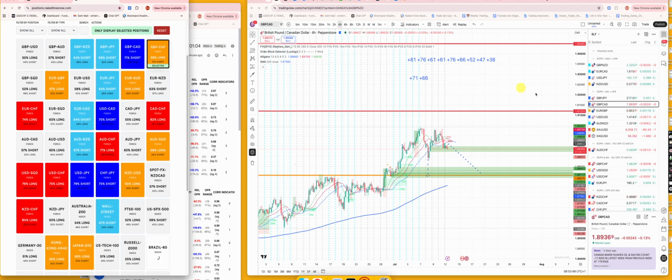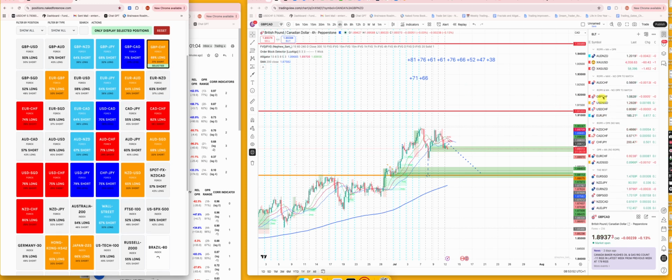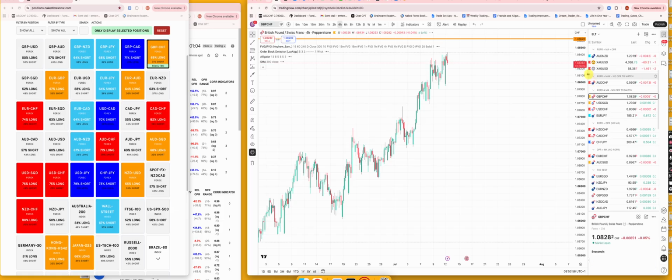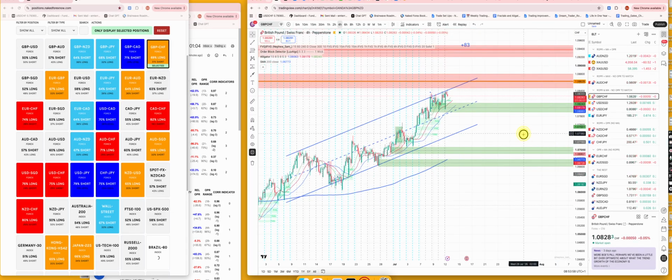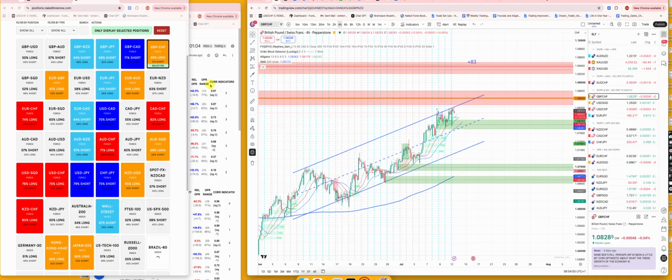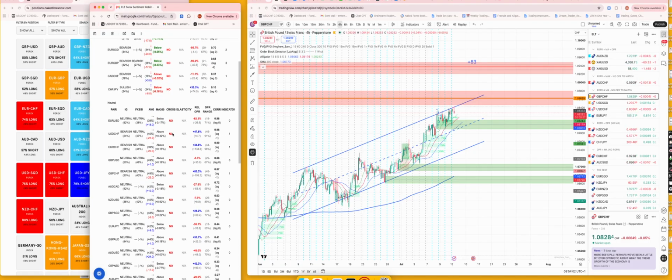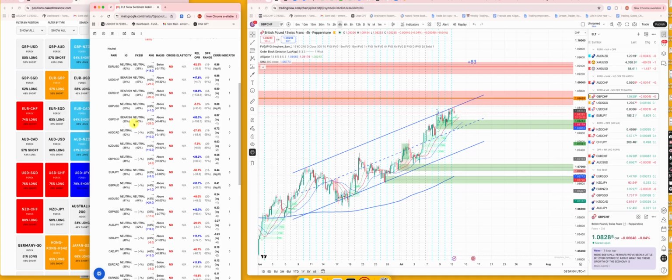Pound Swiss, mildly bullish. Sorry, mildly bearish. What am I talking about? Pound Swiss, let's have a look. Bearish, neutral, plus 83. So it's the same as it was last night in terms of the relative OPR.